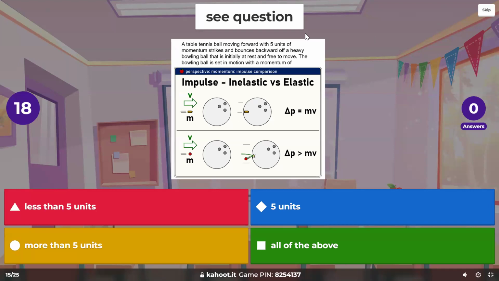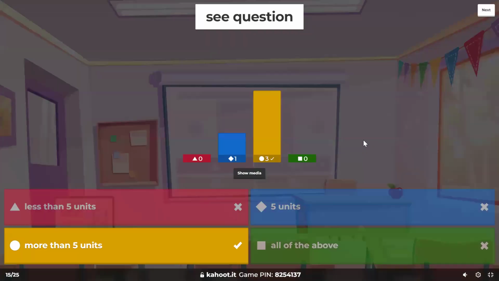A table tennis ball moving with 5 units of momentum strikes and bounces off a heavy bowling ball initially at rest, and sends the bowling ball into motion. The bowling ball is set into motion with a momentum of more than 5 units. So if that bouncy ball came in with 5 units of momentum, 5 kilogram meter per second, see it bounces.